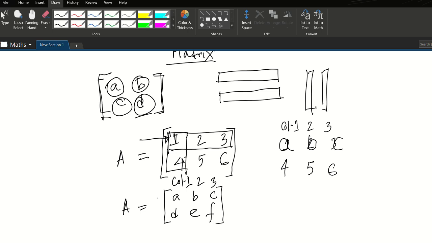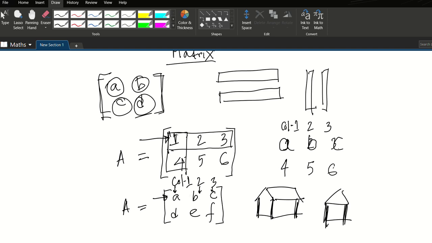These are the vertical ones, and they are called columns, right? Like in a building. Okay, let's draw a house. In this house, these are columns. Or we can draw a house like this, no problem. So the vertical ones are called columns, and the horizontal ones are called rows.